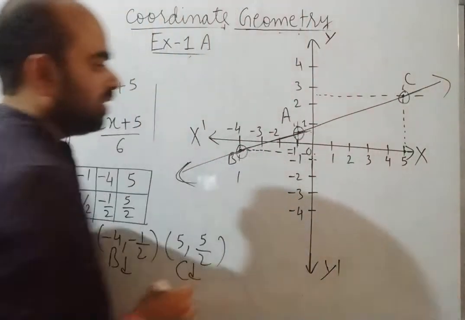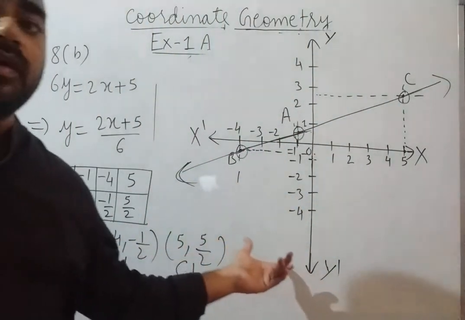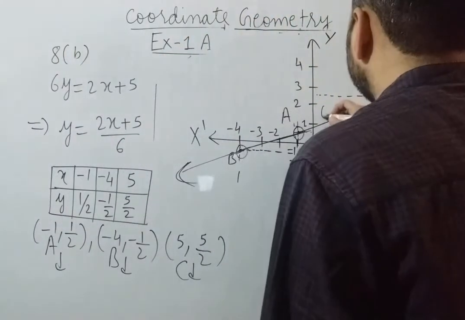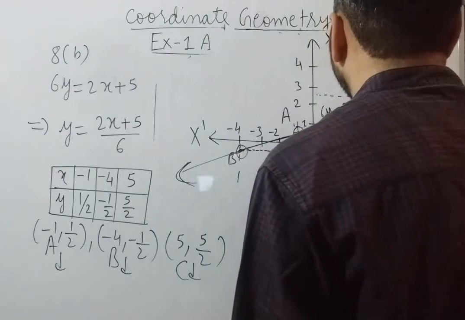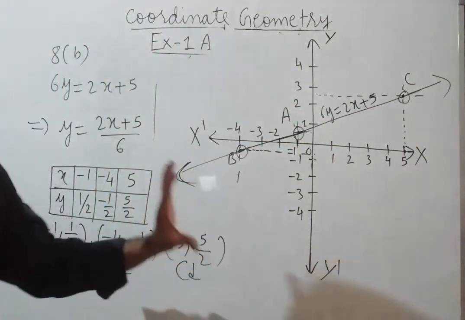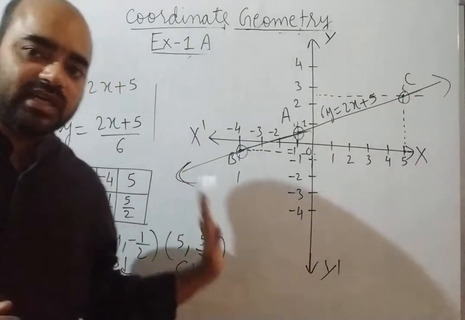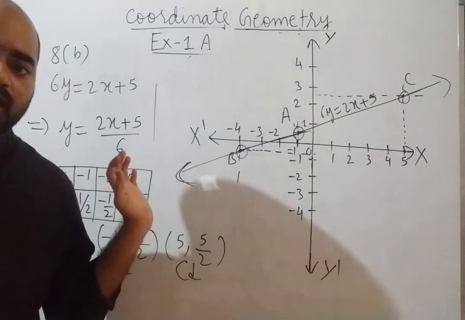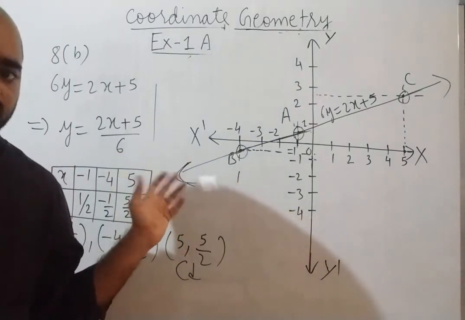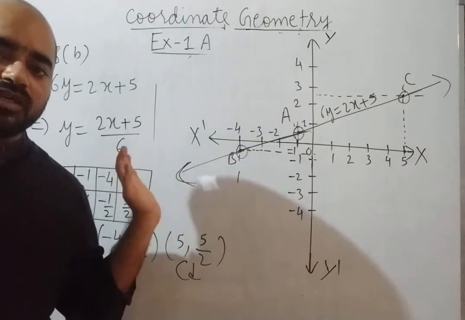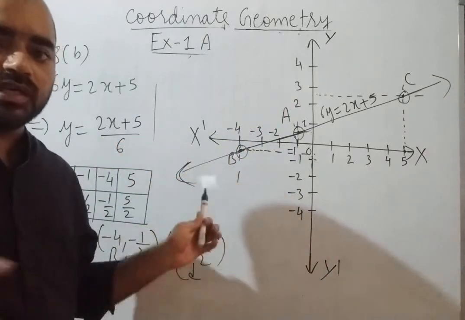In this way we can obtain the required line, and you can write the equation on the line, 6y is equal to 2x plus 5. Correct the procedure. Plotting you know: carefully see what is x and what is y, plot the points correctly and join them to obtain a straight line. Okay, now the second one.